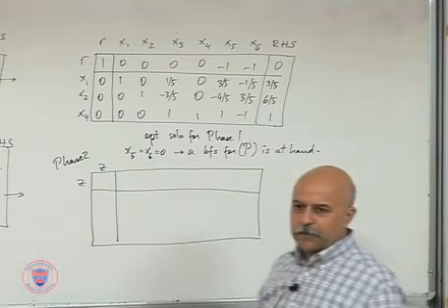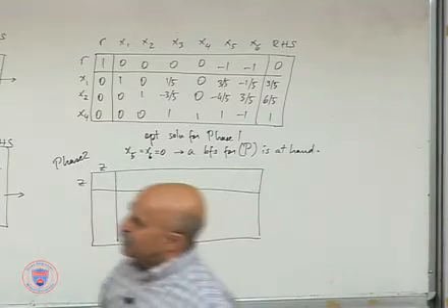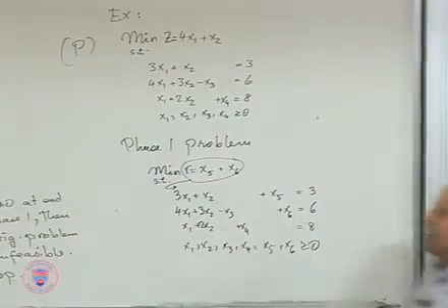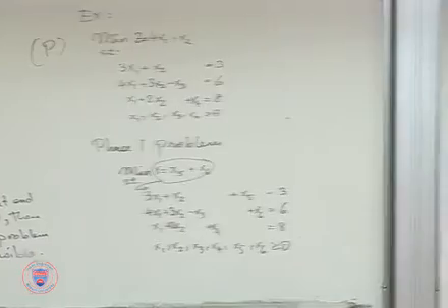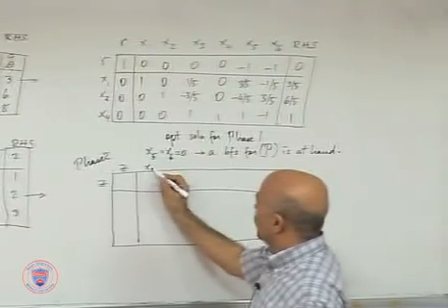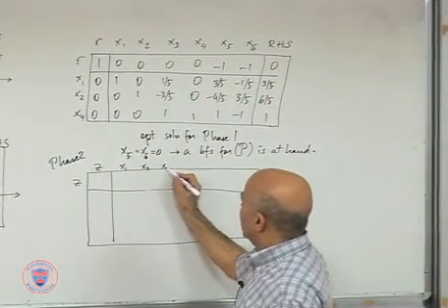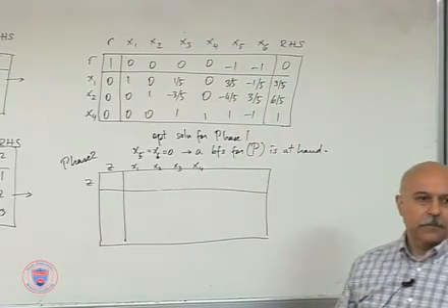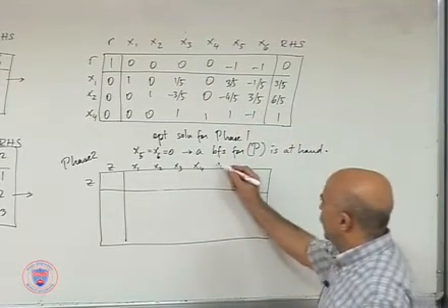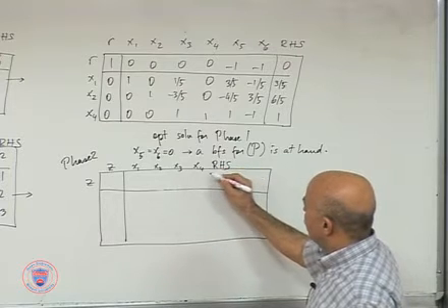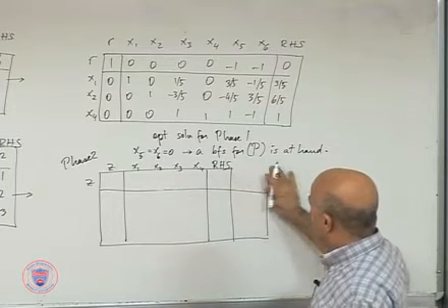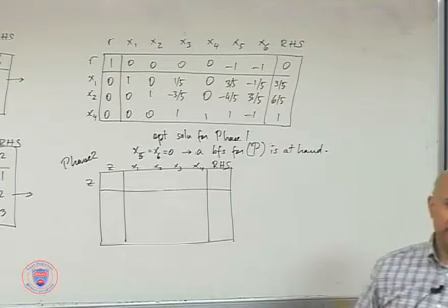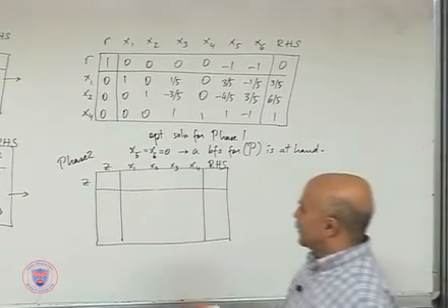Now we revert back to the original objective function whose value is, say, z. Okay? We have the variables x1, x2, x3, and x4. The artificial variables, you don't need them any longer, so you just throw them away, and you have the right-hand side column. So my tableau is shrunk now. It's smaller.